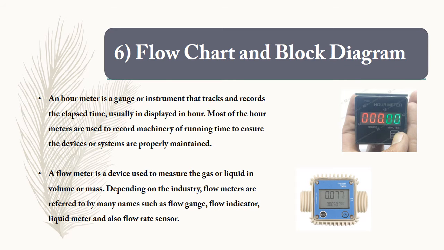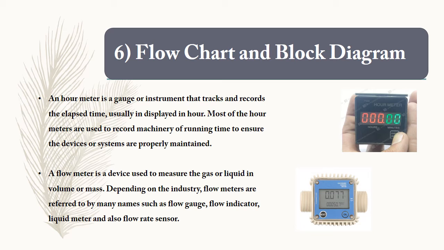To complete calculating OEE measurement, we have to develop two systems to measure the unknown values. So, the two meters are an hour meter and a flow meter. An hour meter is a gauge or instrument that tracks and records the elapsed time, usually displayed in hours. Most hour meters are used to record machinery running time to ensure that the device or system is properly maintained.